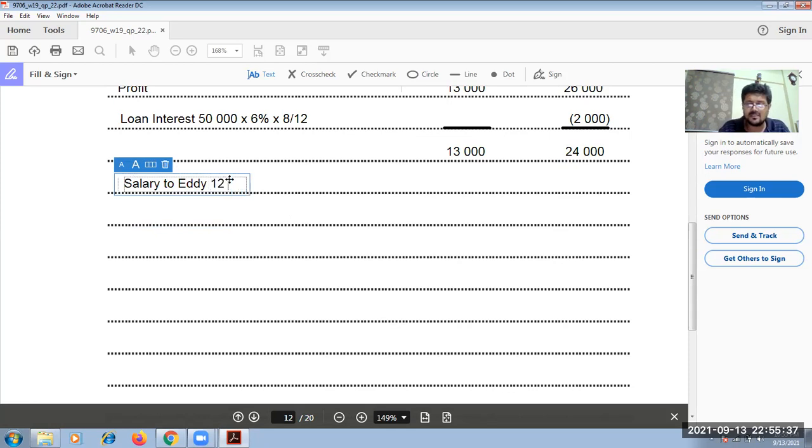So 12,000 multiplied by 8 upon 12. Because he is getting salary 12,000 per annum after 4 months of business, he does not get the full salary of 12,000, but for 8 months, multiplied by 8 divided by 12, the answer would definitely be 8,000.